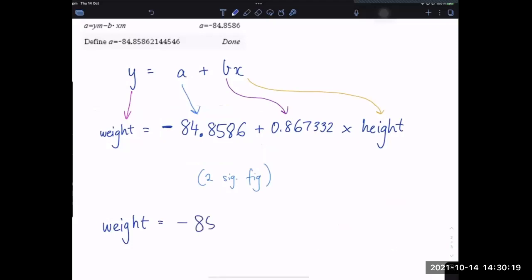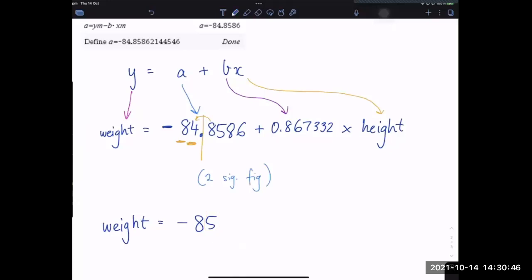So two significant figures. Here's the first one, the 8. I might highlight this one. And the 4 is our second significant figure. But because the value after is an 8, this means we need to round up to a 5.